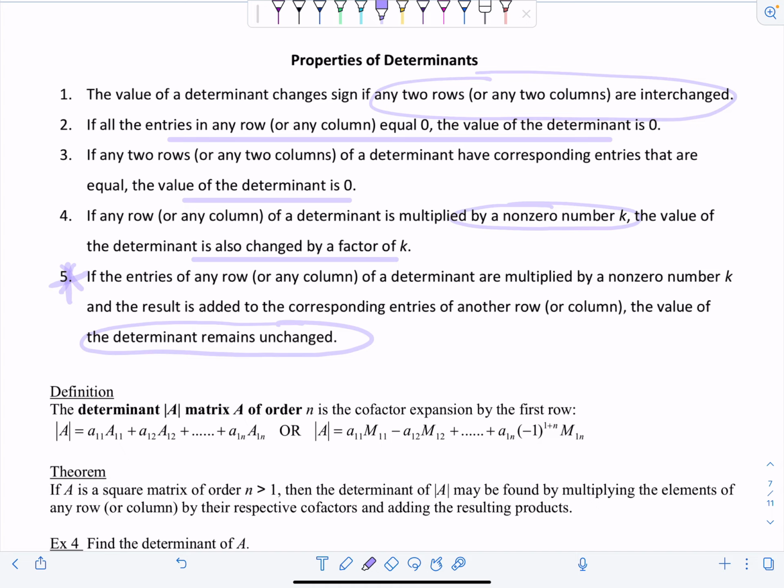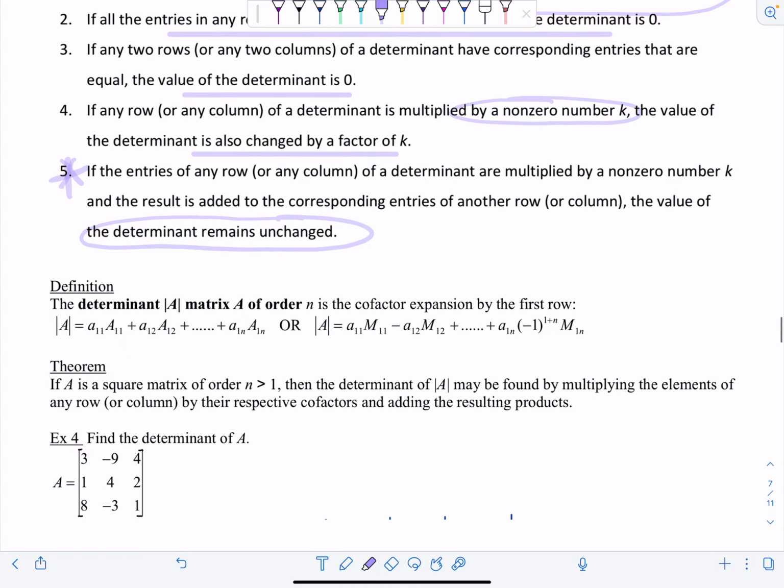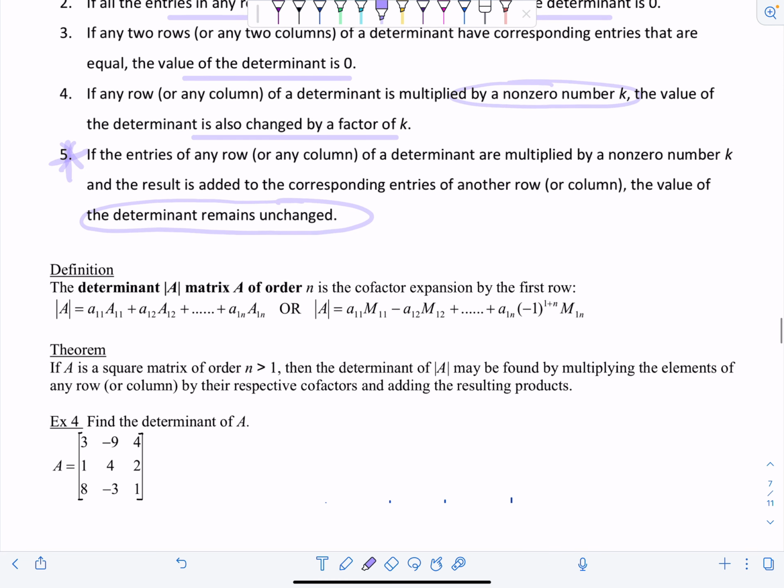And then we have the following definition again for a matrix and how to find its determinant, but this time we're talking about the determinant of a matrix A that has order n, not just order 3. So the definition can be expanded upon for any square matrix, 4 by 4, 5 by 5, etc. And you would just repeat the process.